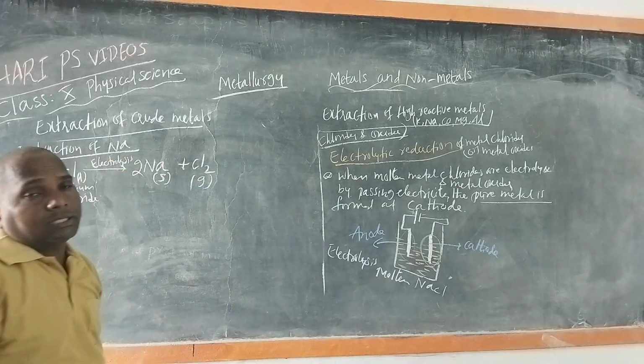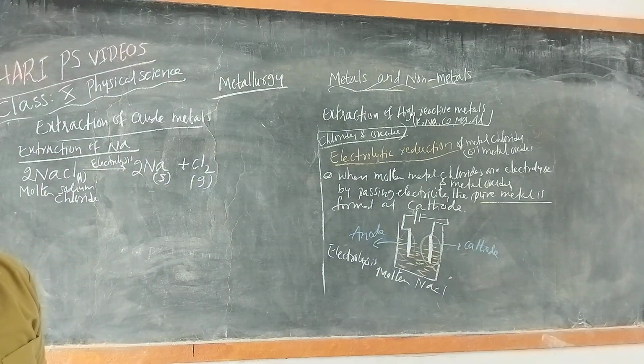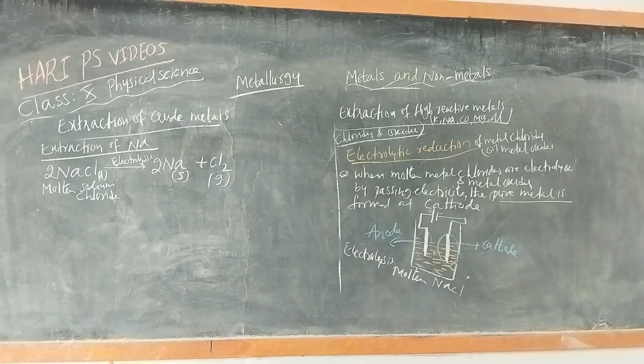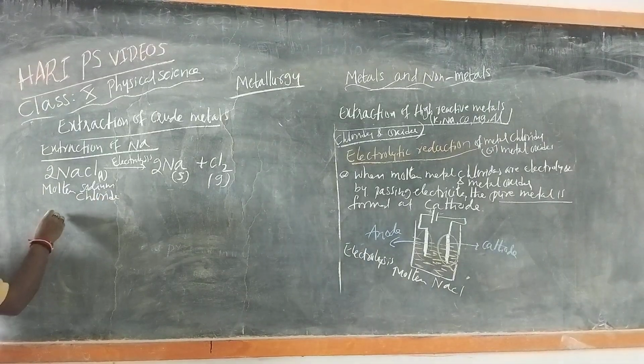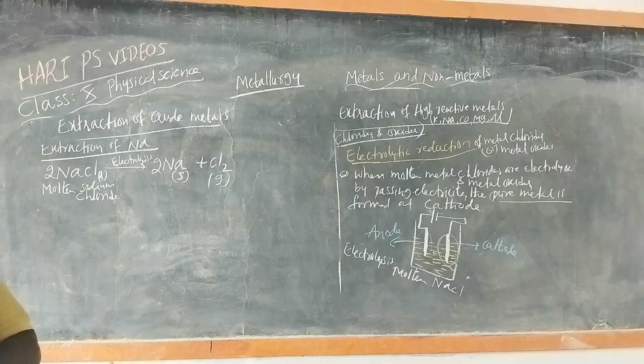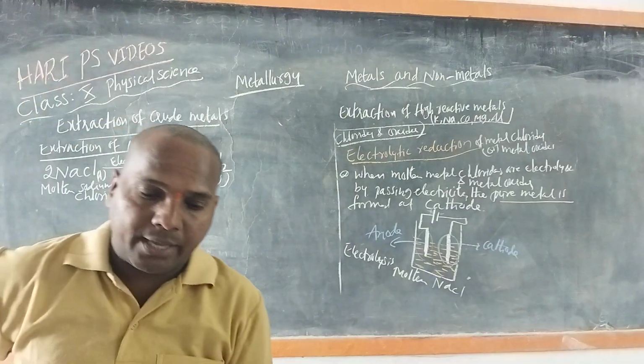So what reaction takes place when electric current is passed through molten sodium chloride? So the positive sodium ions are attracted to the cathode.